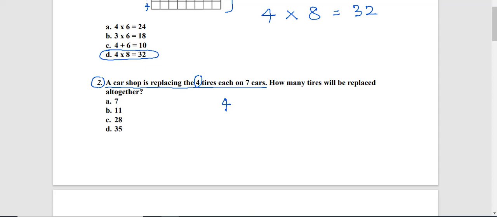But now the car shop is replacing for 7 cars. So for us to find the total number of tires that will be replaced altogether, that's going to be the 4 tires for 1 car multiplied by 7 cars. And that leaves us 4 times 7, 28. Option C.